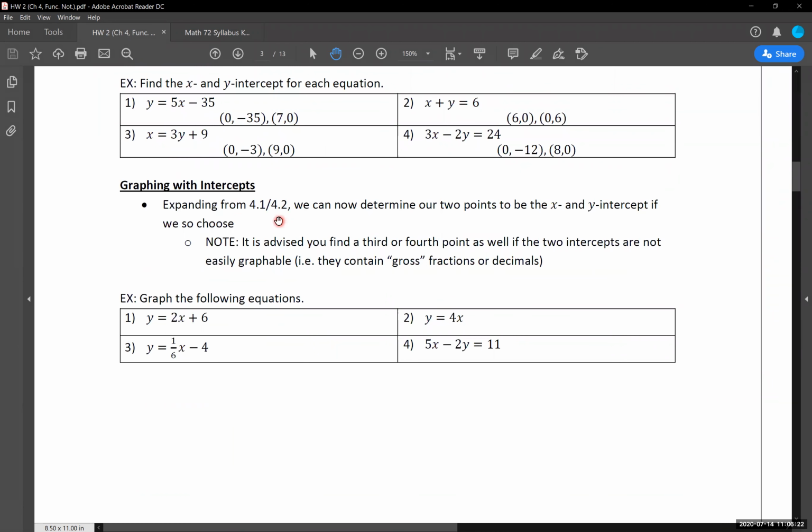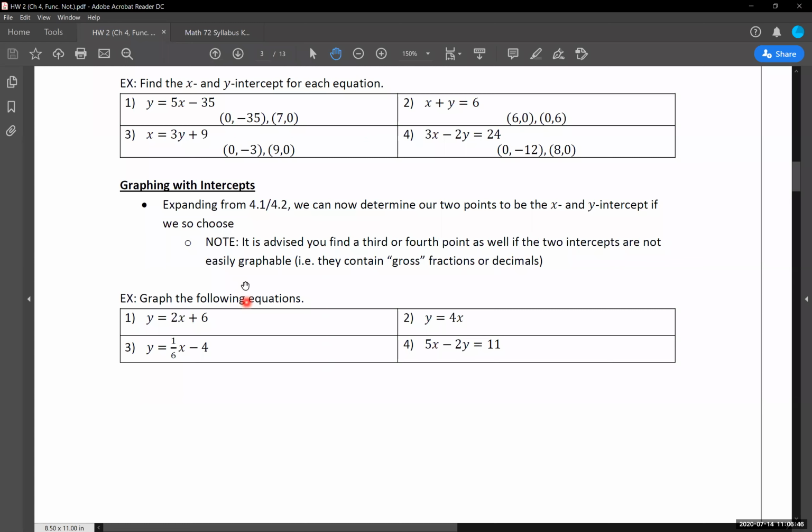So this is expanding on the stuff that we did with the 4.1 and 4.2 material. Remember, to graph any kind of linear equation, we need 2 points at least. The exception, of course, being the horizontal and vertical lines. But if that's not the case, we can now use our intercepts to help us with determining those 2 points.